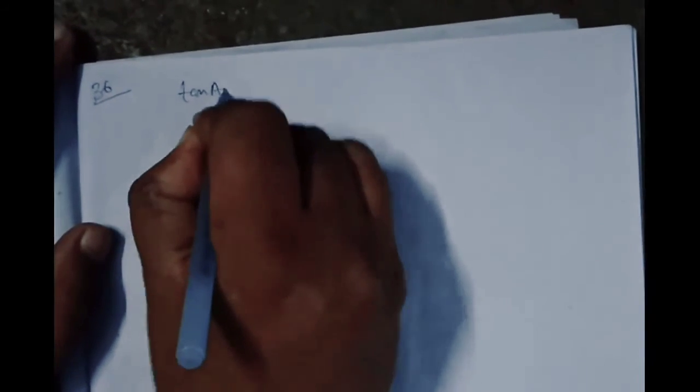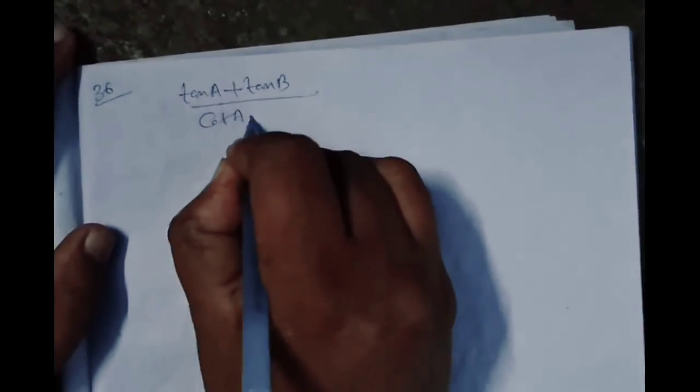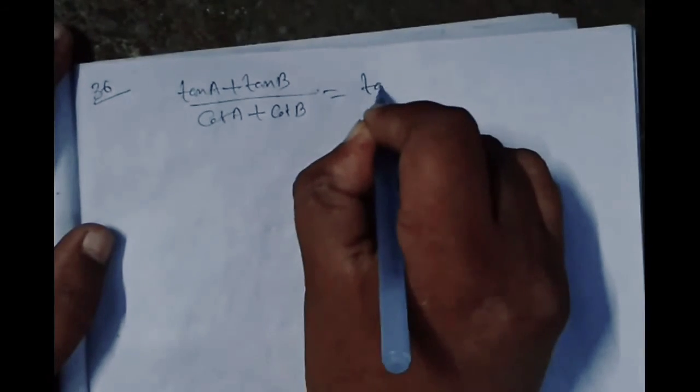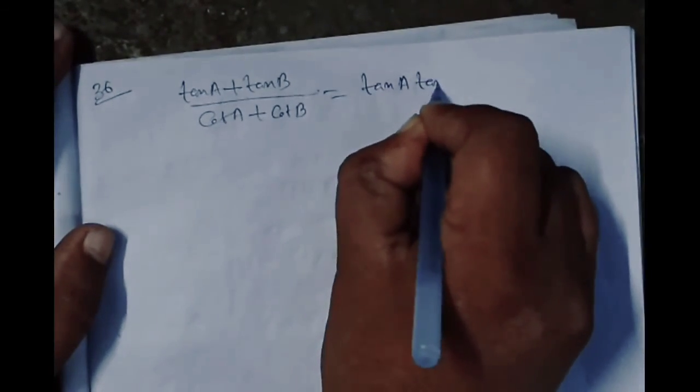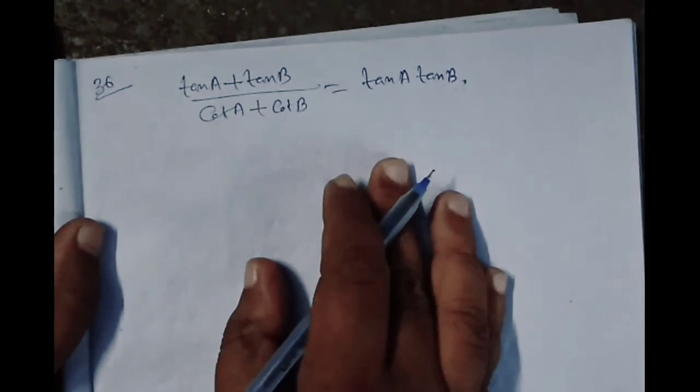Next move to question number 36. Tan A plus tan B by cot A plus cot B equals tan A into tan B, that we have to show.